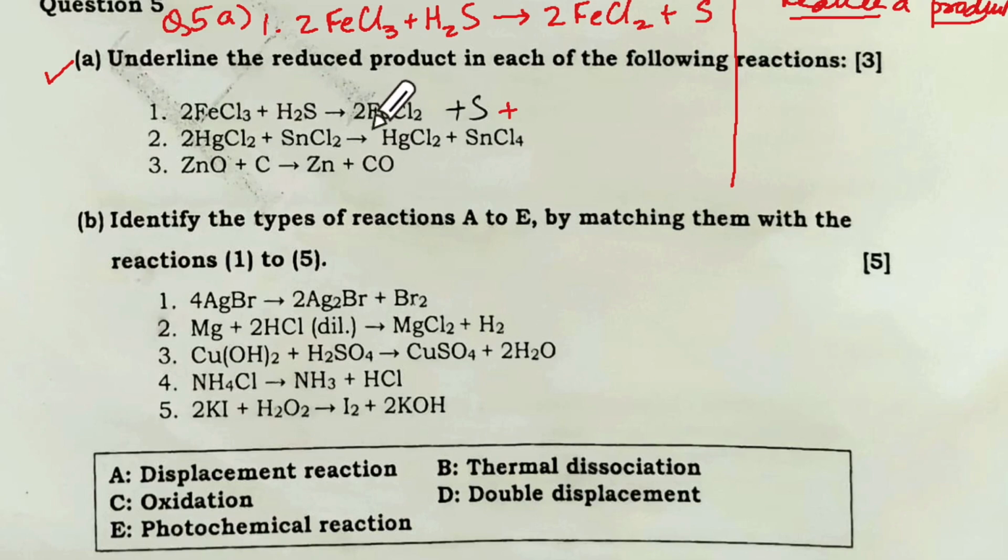Can you see over here there are 4 Cls, and these are 6. That means 2 Cls are remaining. So 2Cl and 2H will be 2HCl. Which is the reduced product. Fine, I gave you the correct reaction. Teacher made a mistake, or the student forgot to write, because this is handwritten. Can you see this S? It's handwritten, it's not a print. So probably the teacher came and told them and the student forgot to write this. Not a problem.